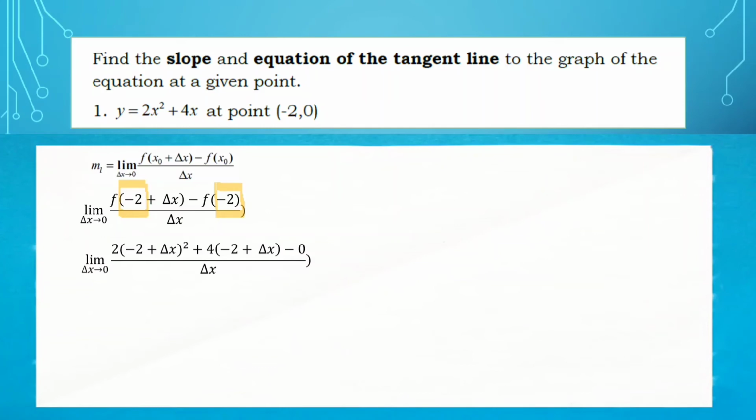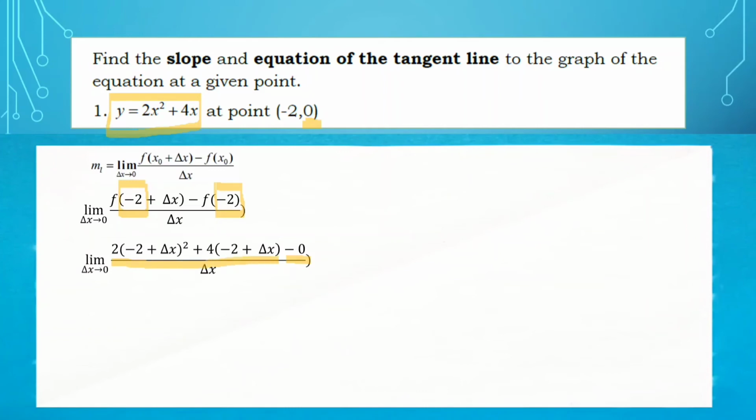So it becomes 2 times the quantity negative 2 plus change of x squared plus 4 times the quantity negative 2 plus change of x minus 0, which we adopt from the equation given, all over change of x. The value of our f of negative 2, which is the y coordinate, is equal to 0.